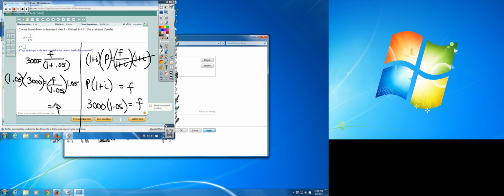So 3,000, let's see if we can do this in our heads because we don't want to depend on a calculator. What's 10% of 3,000? 300. What's 1% of 3,000? 30, Hubert. Okay? So if 1% is 30, 300 is 10%.